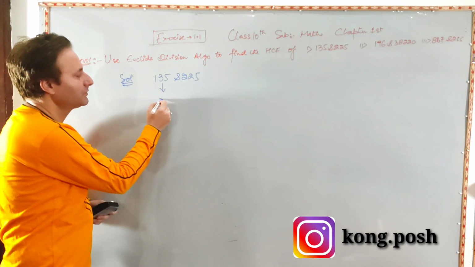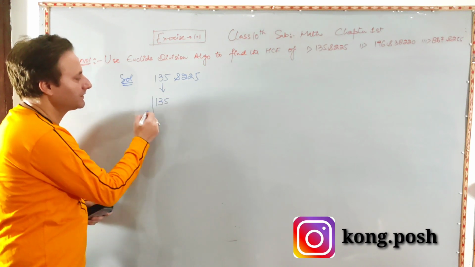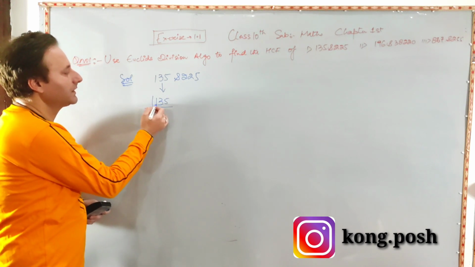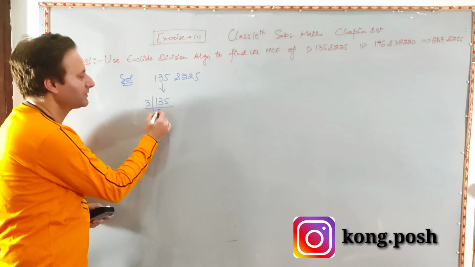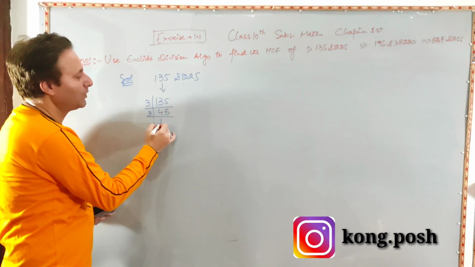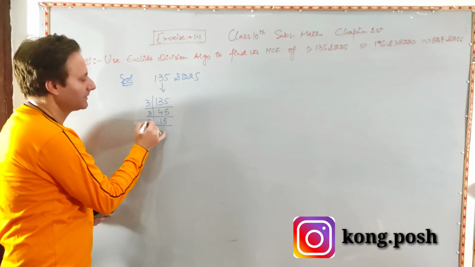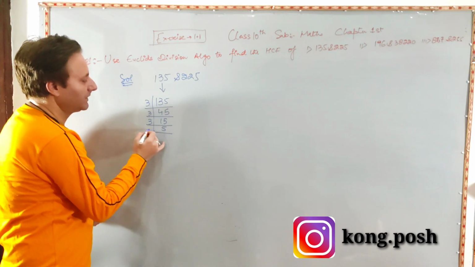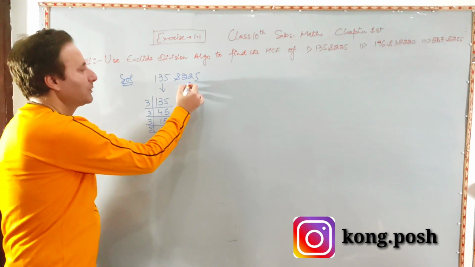So what we used to do, 135, take the factors. 135 is divisible by 3, 3 into 45, then 3 into 15, then 3 into 5, and then 5 into 1. What about 225?